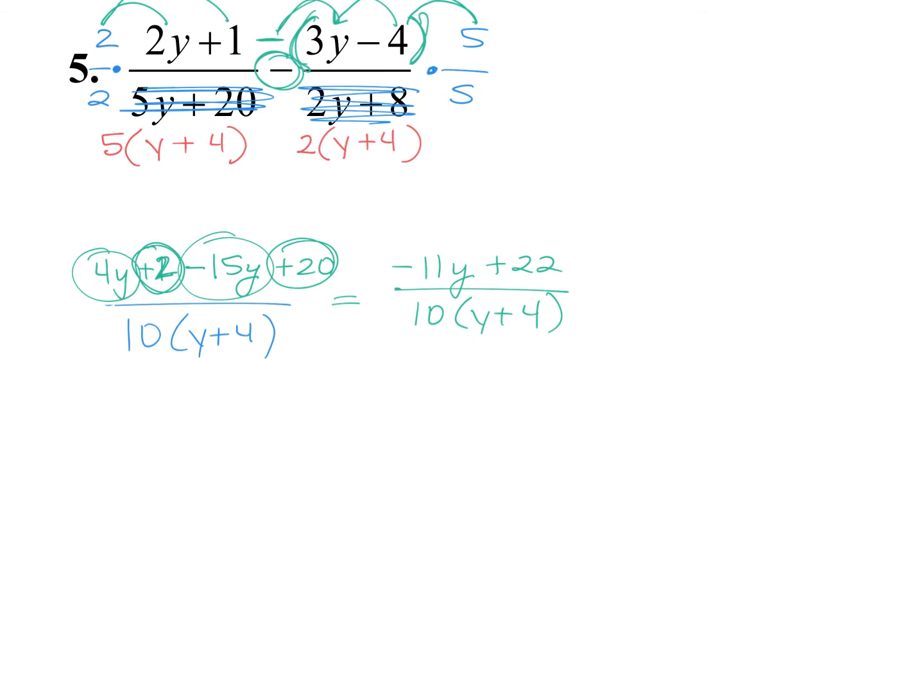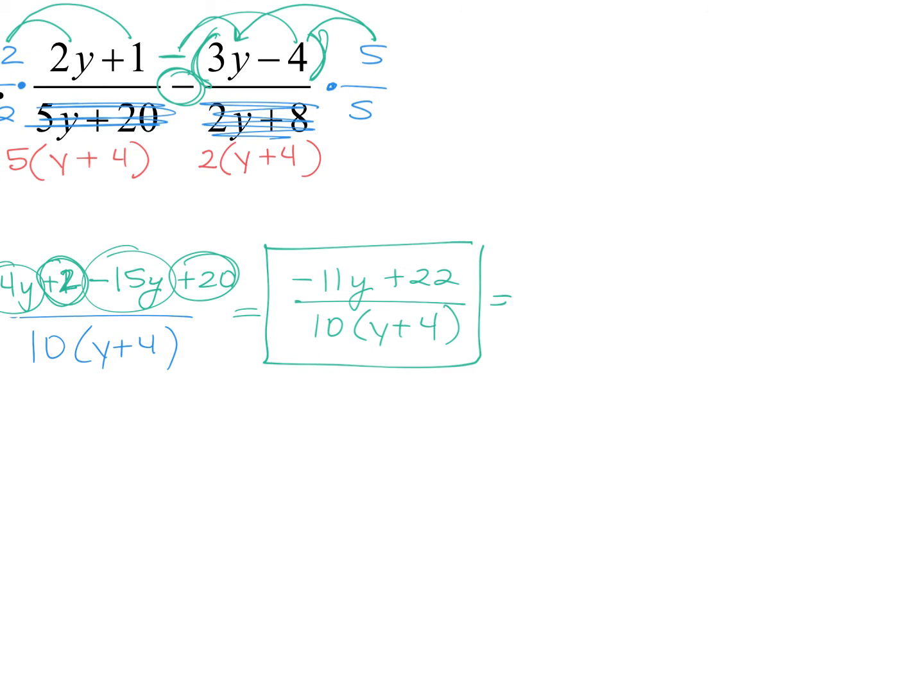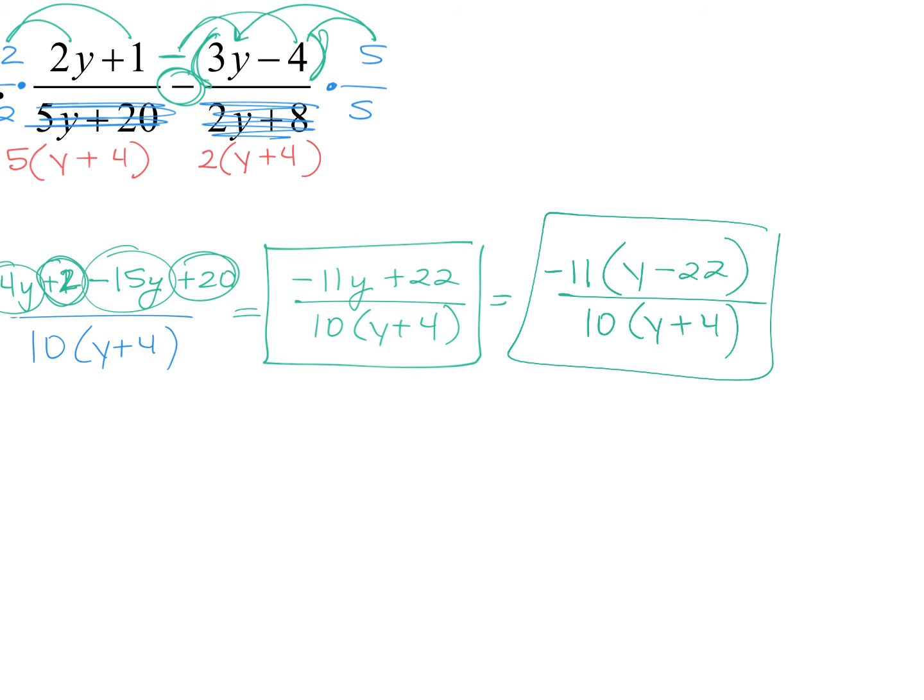If you, again, want to pull out an 11 or a -11, if you will, I'm fine if you leave it at this point, or even if you call that 10y plus 40, that's fine. Or if you want to pull out a -11, you'd be left with y minus 22 over 10 times y plus 4. There's nothing you can simplify there. So either one of these is fine. Okay.